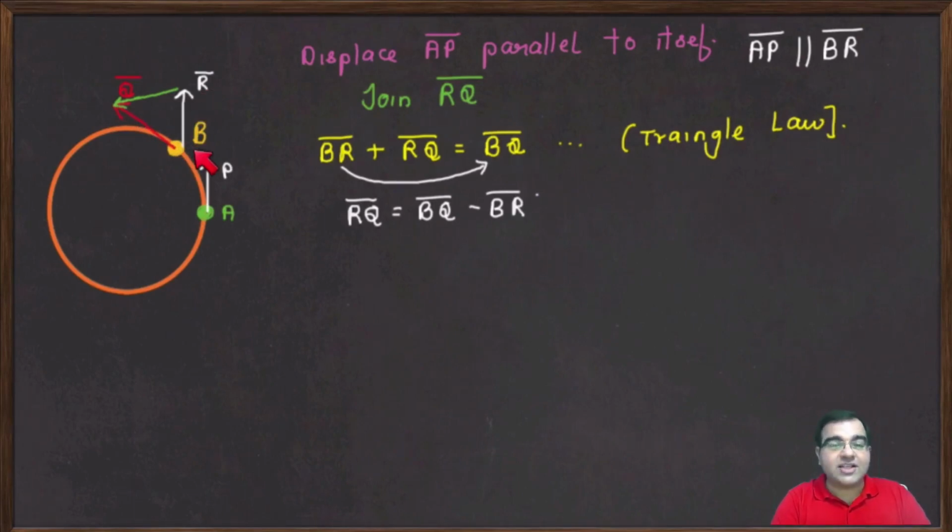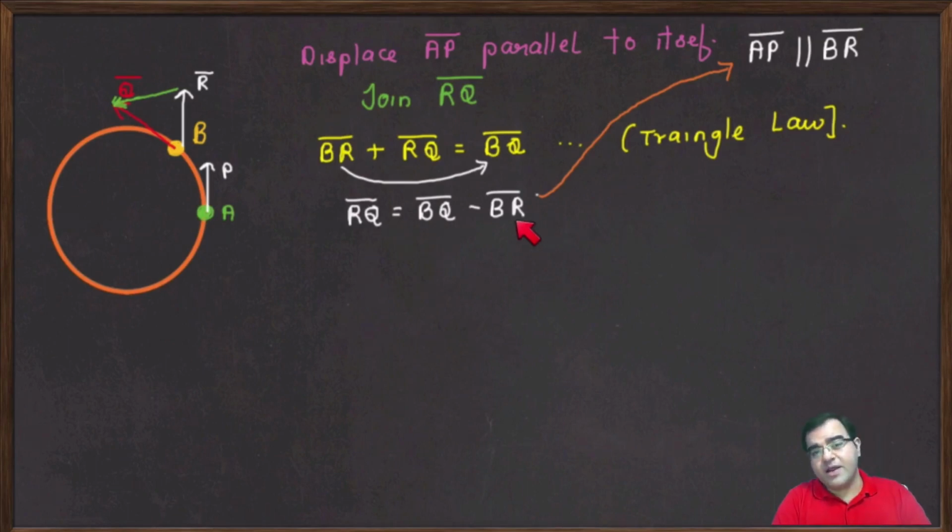And we know these tangents represent velocities, and we need to find RQ bar, which is the resultant of these velocities. This RQ bar becomes the resultant of BR bar, which is the velocity at A, and BQ bar, which is the velocity at B. So you have RQ bar is equal to BQ bar minus BR bar.